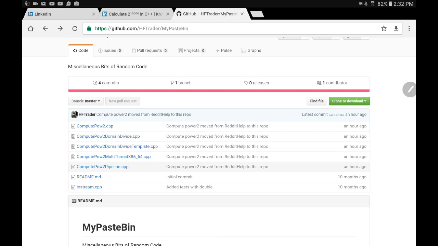We are computing 2 to the power of 10 million now, and it's very cool. It's something that you can do with other languages too.